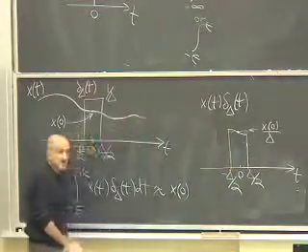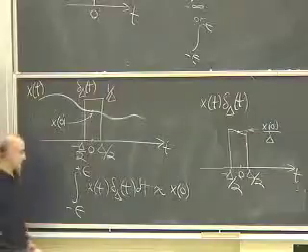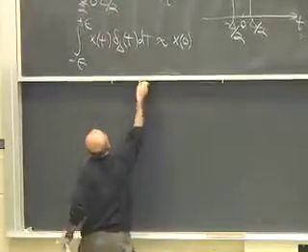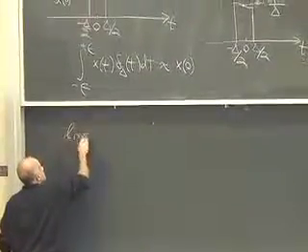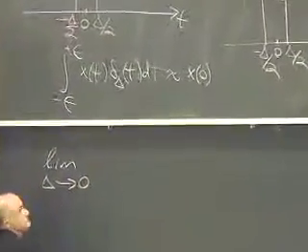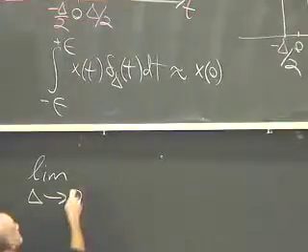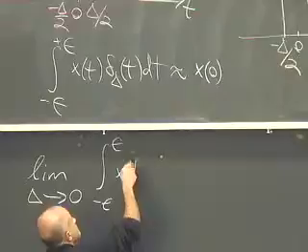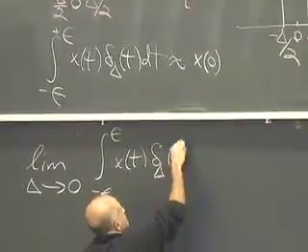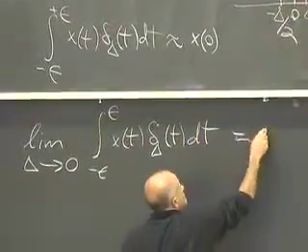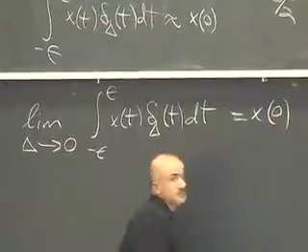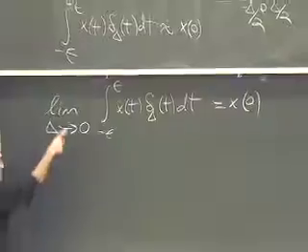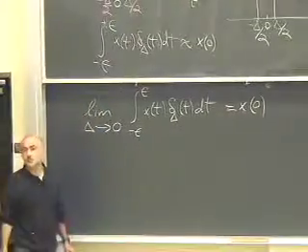Now, if you take the limit as delta goes to 0 of this left-hand side, you're going to get exactly x of 0. But when you take the limit as delta goes to 0, that delta sub delta approaches what?